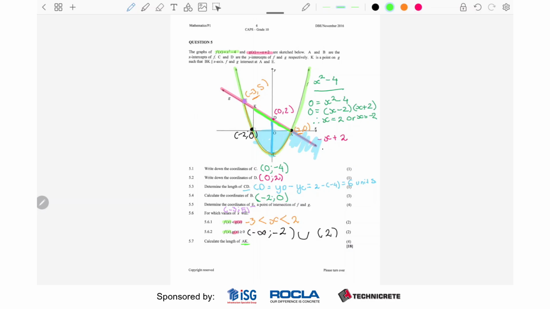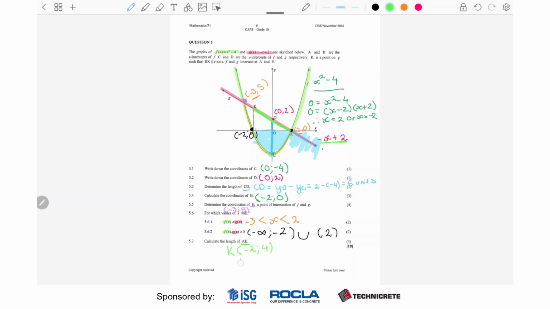So first let's find the points of K. So K will have the same x value as B, since it's directly above. Therefore, that will also be negative 2. And to find the y value, we're gonna substitute negative 2 into the pink graph, which will give us 4. That's point K.